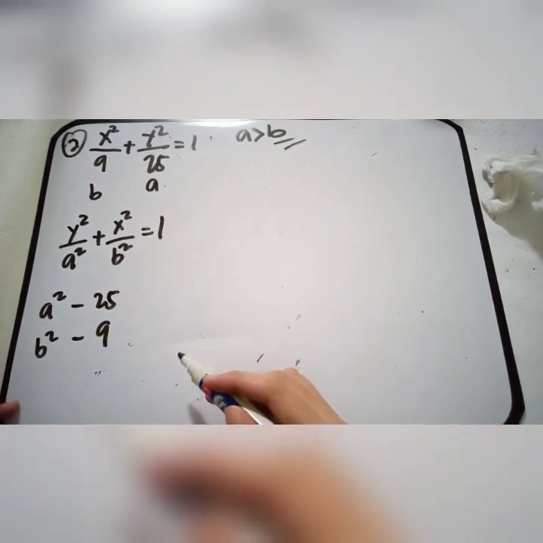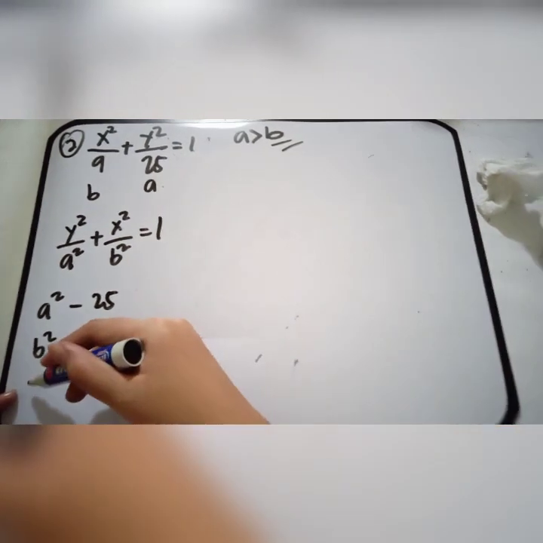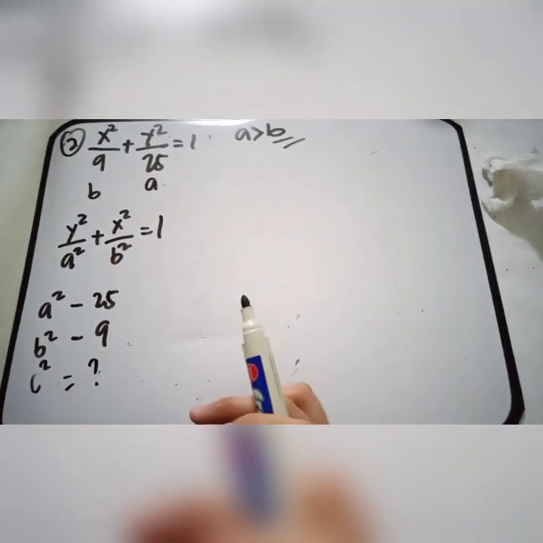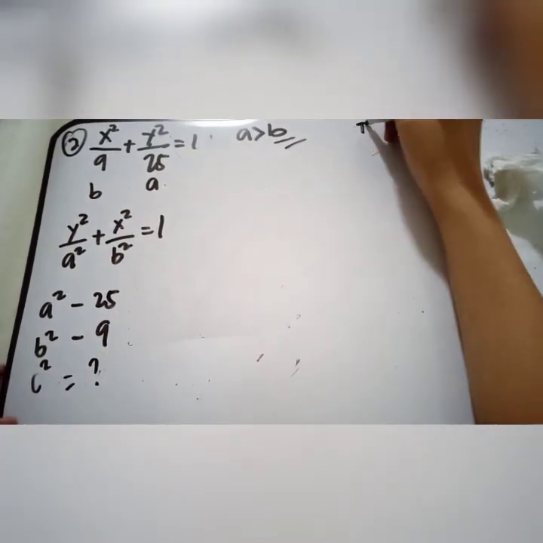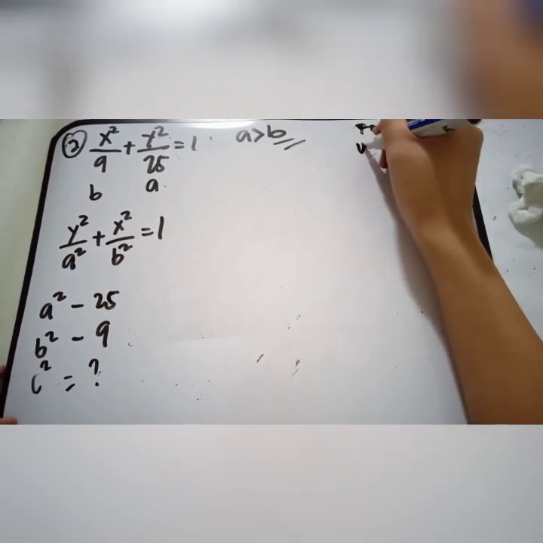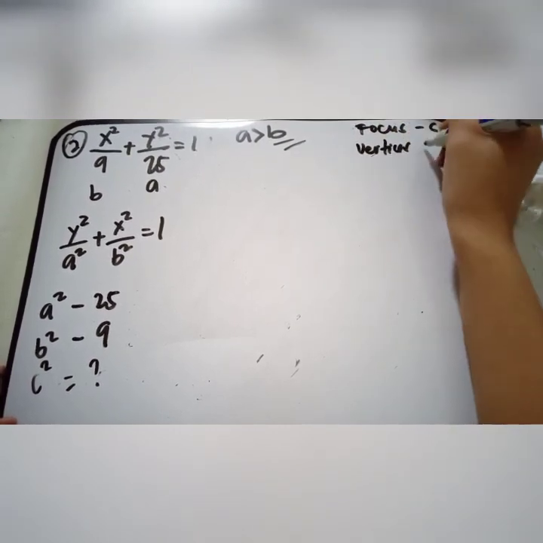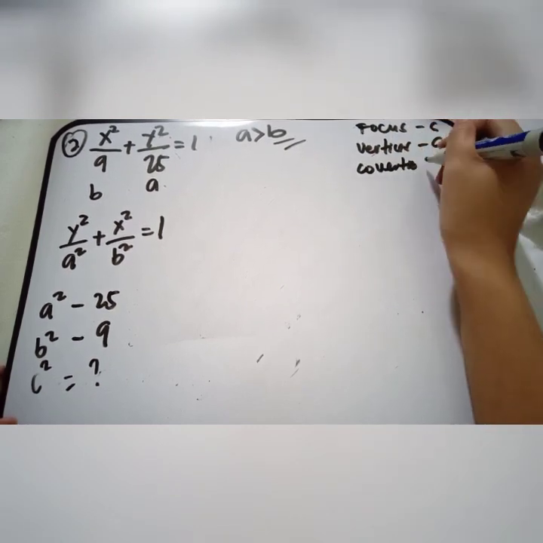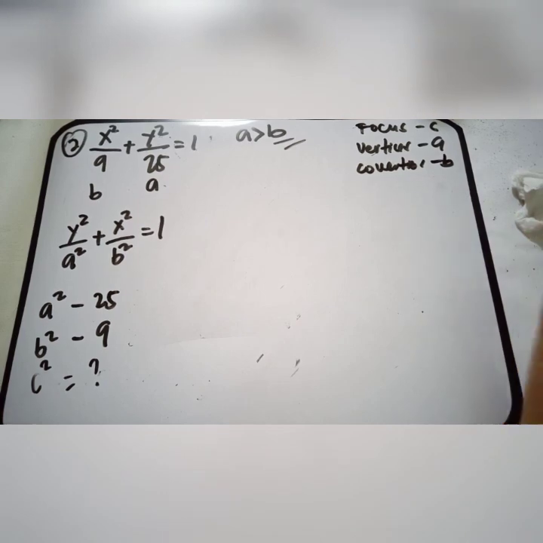Okay, now, how to get the value of c squared? C squared yung hahanapin natin kasi siya yung wala sa given. So, alam naman natin yung focus is yung C, yung vertex natin or vertices natin, siya yung A. So, yung co-vertices natin, siya yung B. Okay? So, how to get the value of C?